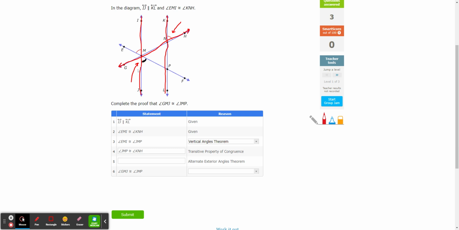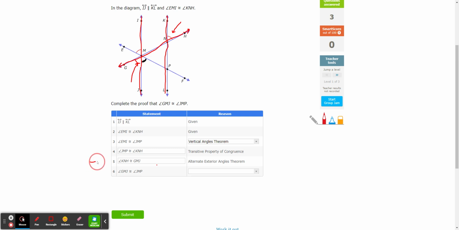If you remember, alternate exterior angles are also congruent to each other. So, again, using the angle tool, K and H must be congruent to angle GMJ because they are alternate exterior angles.